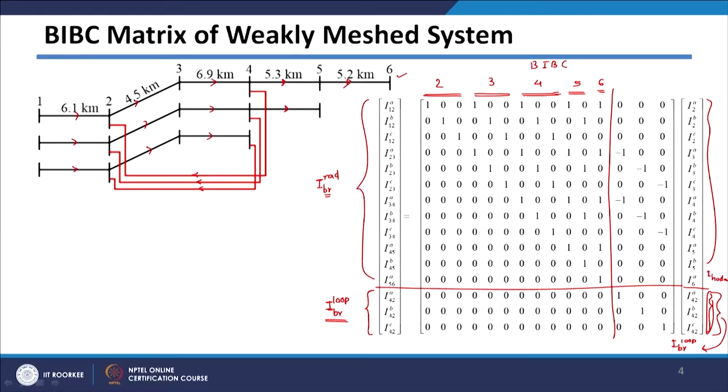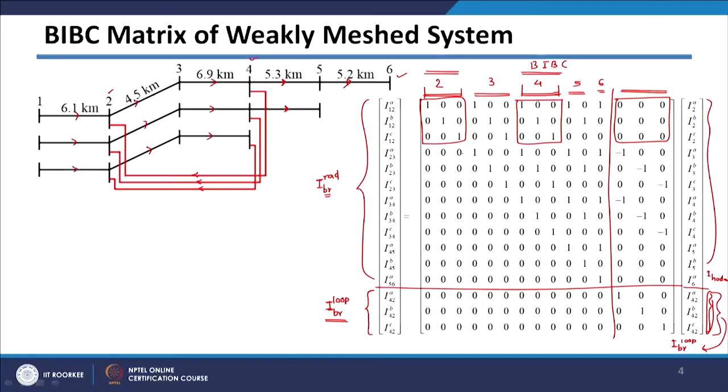We have got this part of the BIBC matrix by subtraction, since the loop branch is connected between 4 and 2. What we have to do is subtract the column corresponding to 4 from the column corresponding to 2. If you subtract this block from this block, since it is the same block, we get a block of zeros here.